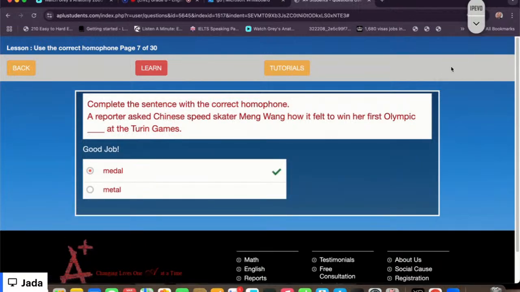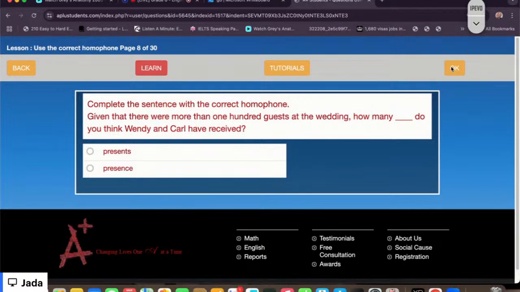Okay. So we have, given that there were more than 100 guests at the wedding, how many dash do you think Wendy and Carl had received? Presents or presents? Which one?